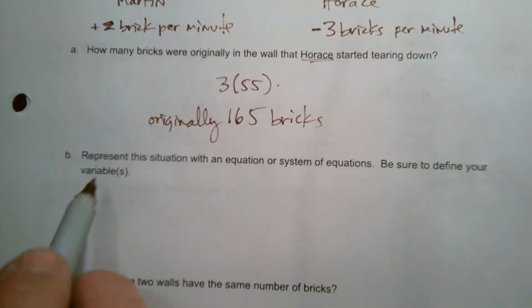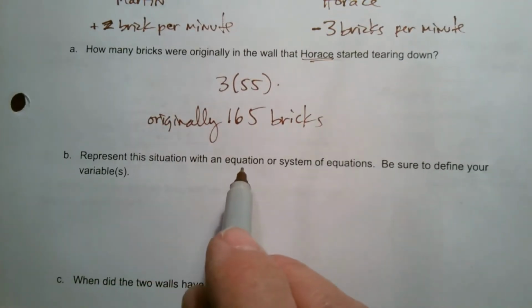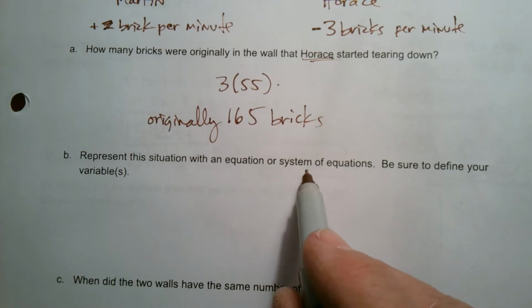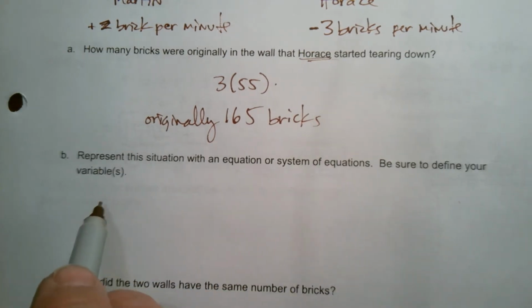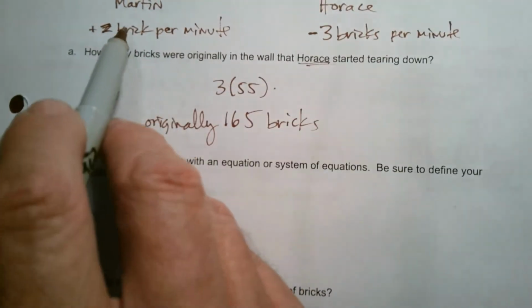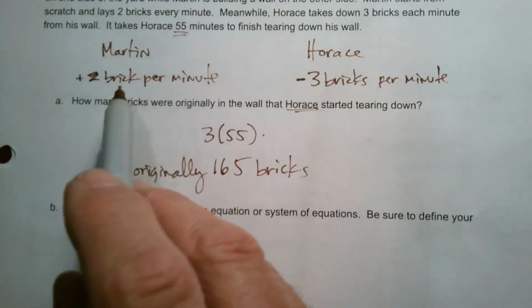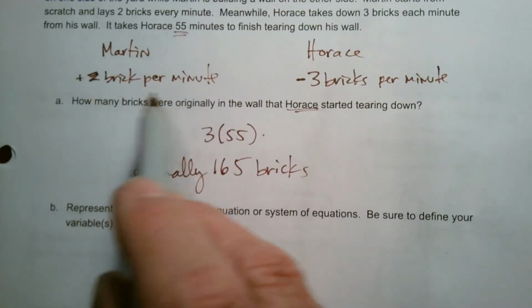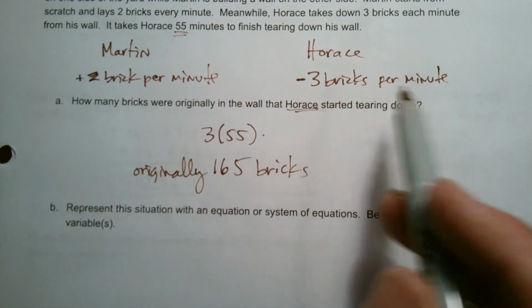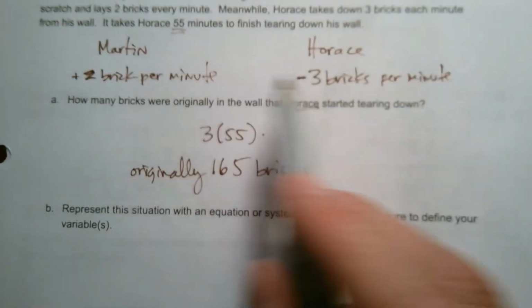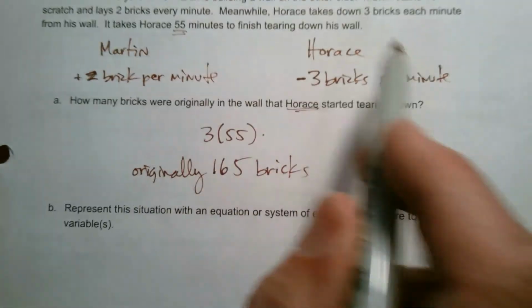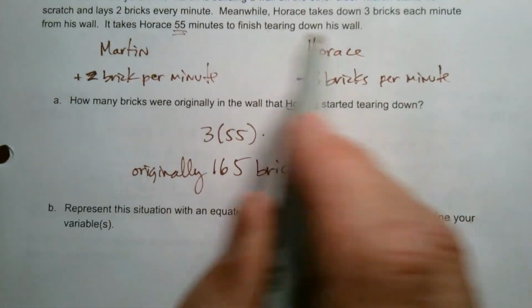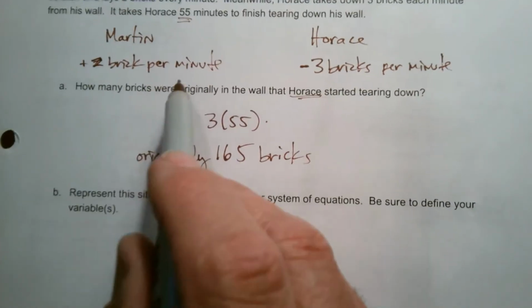All right. It says represent this situation with an equation or system of equations, but be sure to define your variables. So when I'm looking at a rate here, I've got two rates: 2 bricks per minute, 3 bricks per minute. When you have a unit rate, your x is always your time frame, in this case minutes, because that's per minute.